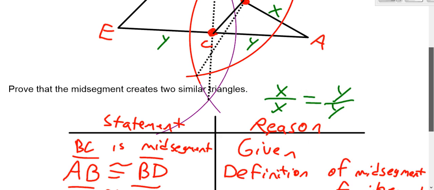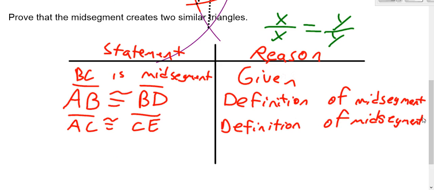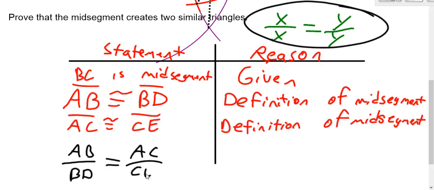So if they are congruent, then like we were just showing here, x over x equals y over y, that means that AB over BD is equal to AC over CE.